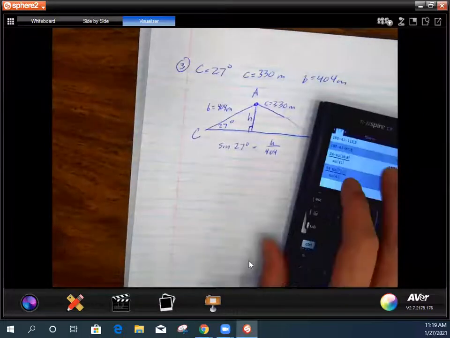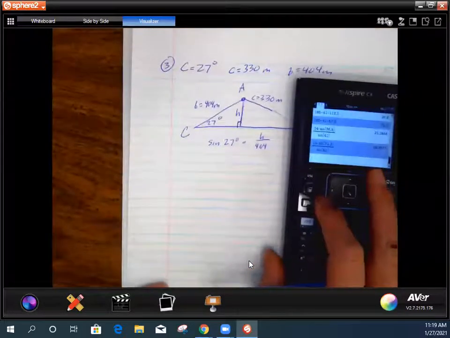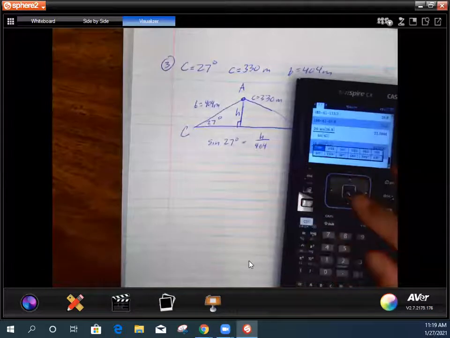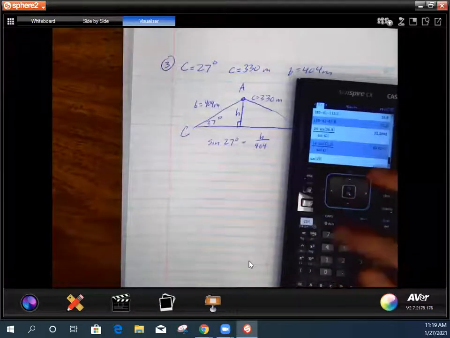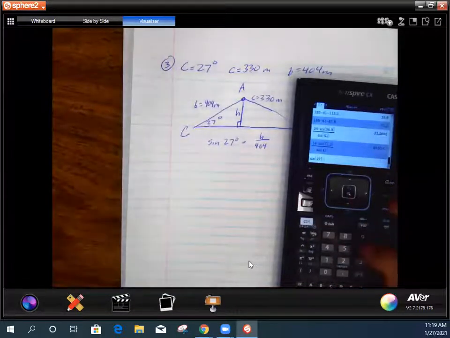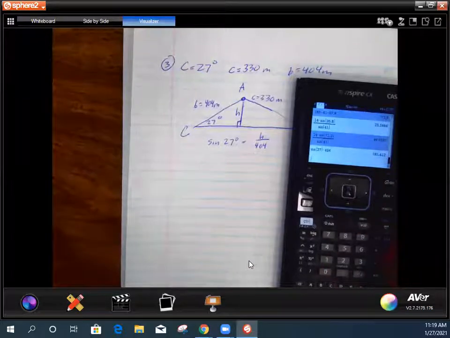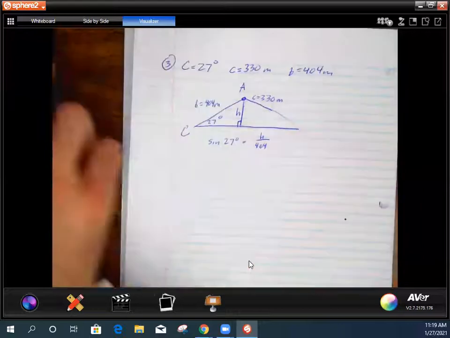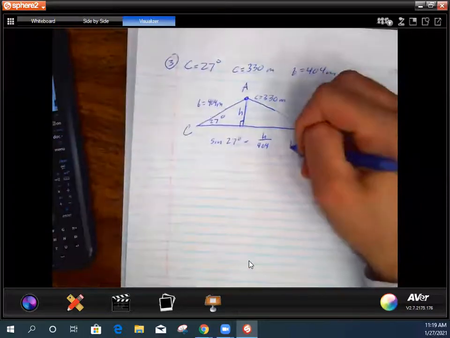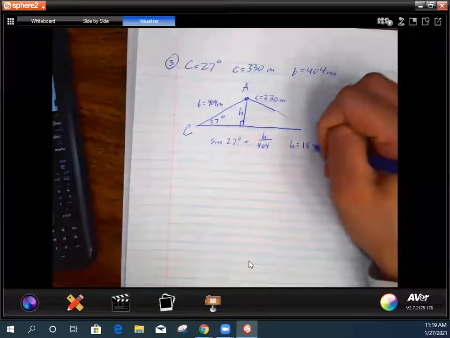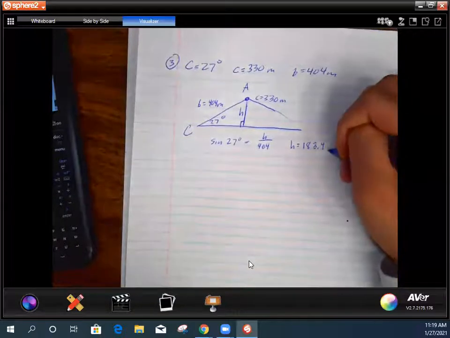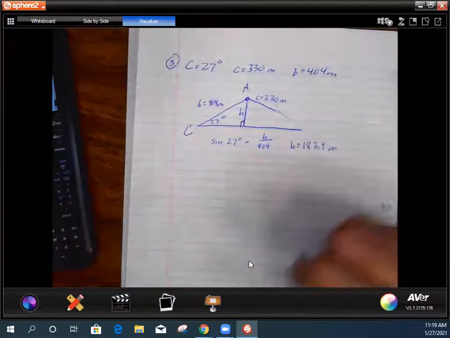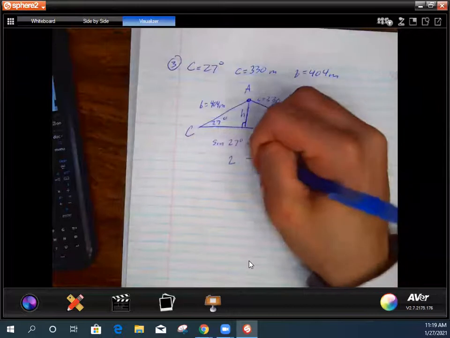So then I'll do that on my calculator. I'll multiply the sine of 27 times 404, and I get 183.4. So the height is equal to 183.4 meters. So that means we're going to have two triangles.